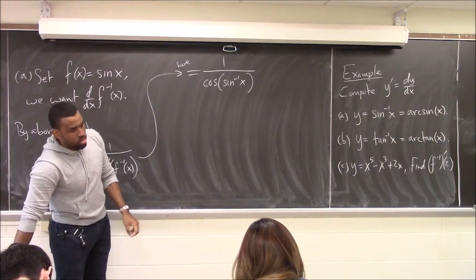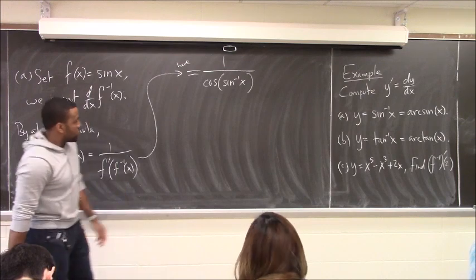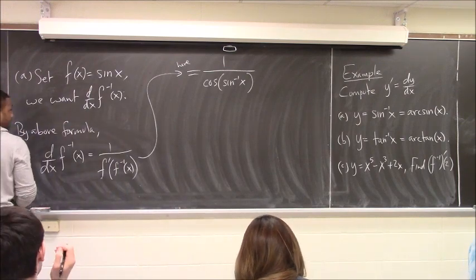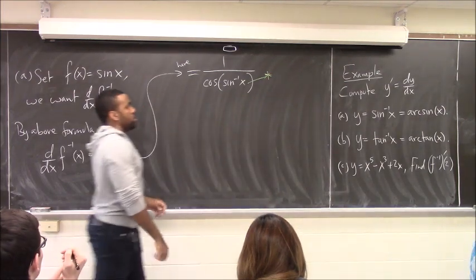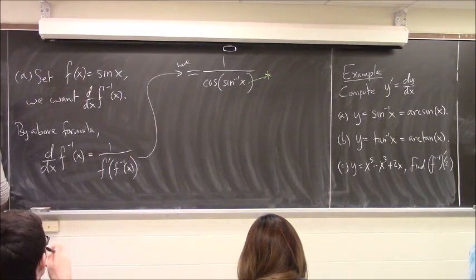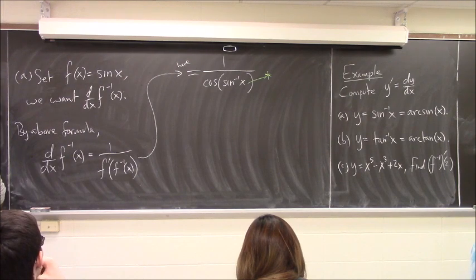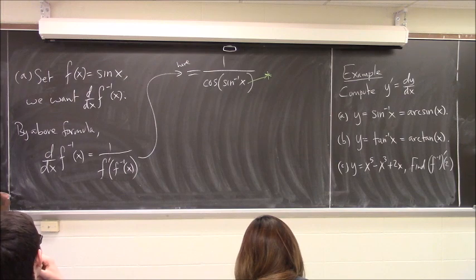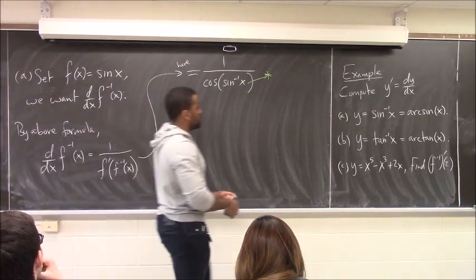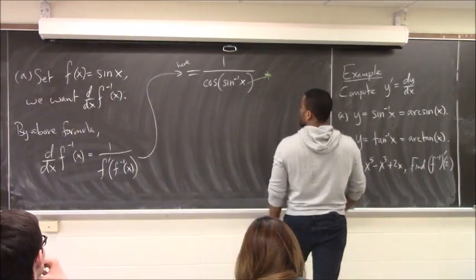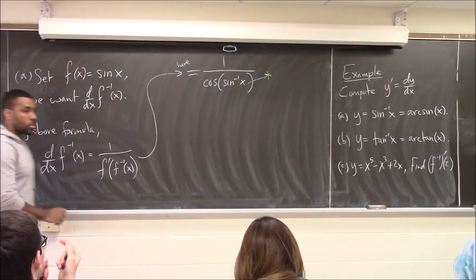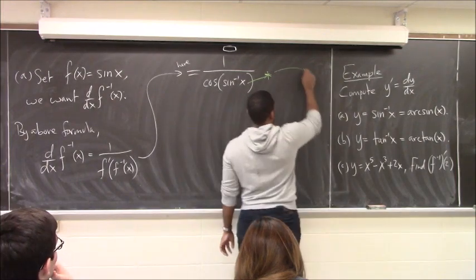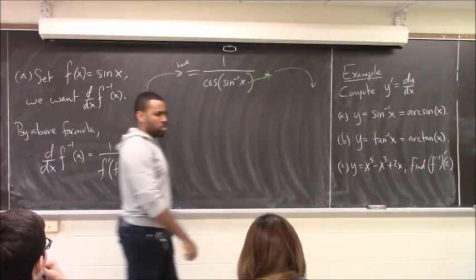But we actually like to rewrite that without trig functions. And so now the question is, what is that? And this is where you guys can help me. If you were to rewrite cosine of sine inverse without trig functions, how would you do it? That's a Precalc question there.